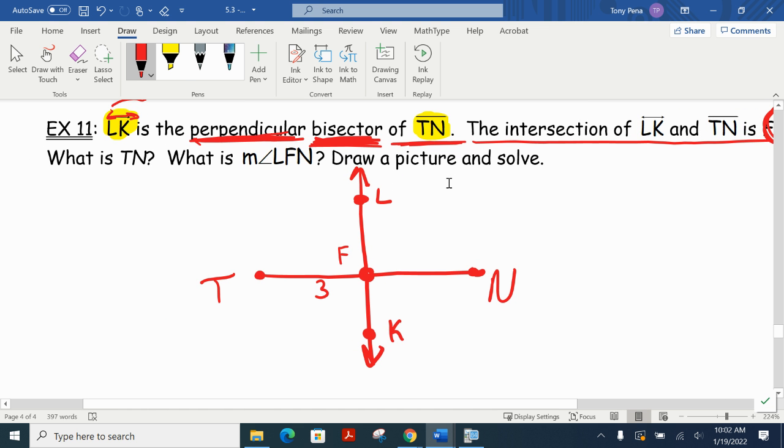All right. If we drew that nicely and we understand that that is a perpendicular bisector, then when I ask you what the length of segment TN is, that should be very quick and simple. So see if you could work your way through that. All right. So write down what you think the length of TN would be.